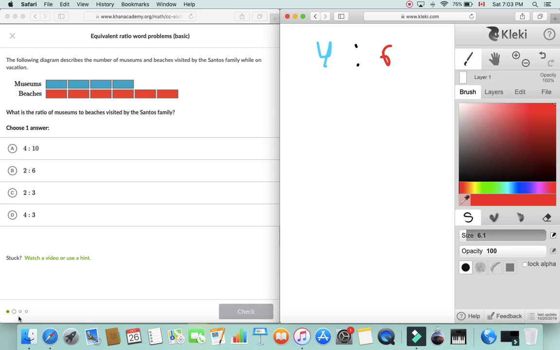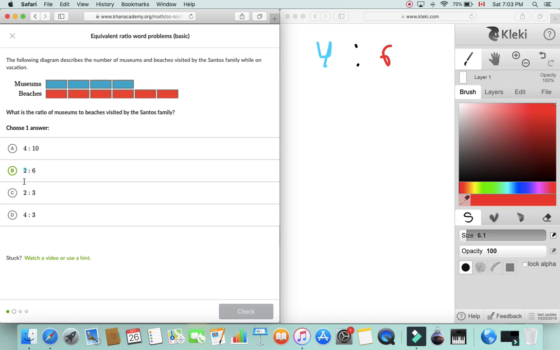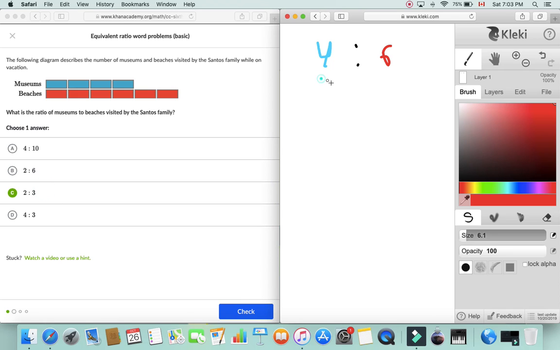Oh yeah. So yeah, okay. Oh yeah, and these numbers right here, they need to be smaller than the numbers on the right. So it's not this answer as well. So it's one of these. It's not 2 to 6 because if you divide 4 by 2, you also have to divide 6 by 2.